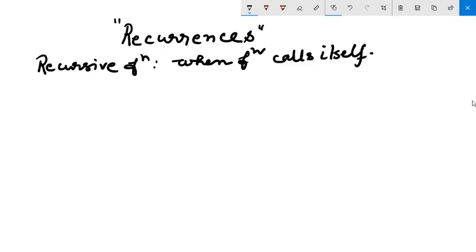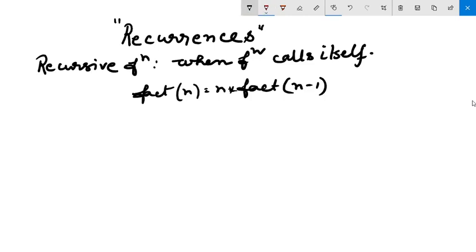When a function calls itself. So we know factorial. We can write a program to find factorial n as n into fact n minus 1. So this is a recursive function, because here every time factorial is calling the fact function.